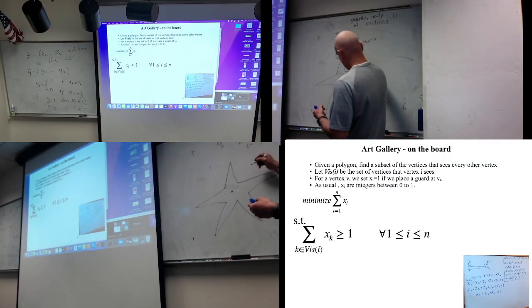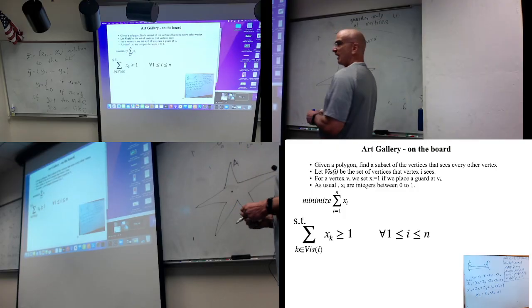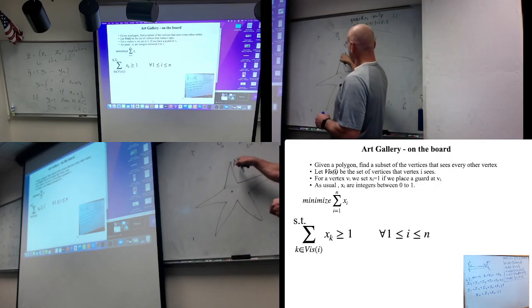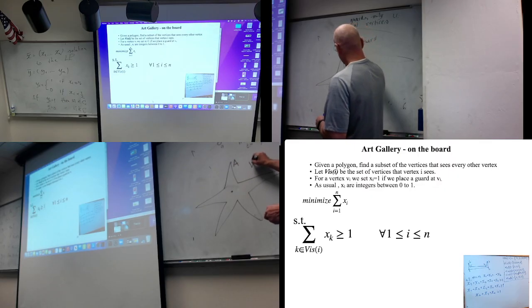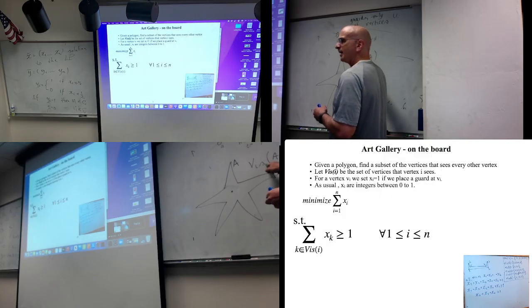So I'll pick a vertex A, and I'll ask, what is the visibility of A? What are all the points that A sees? And let's add that these points are also vertices.